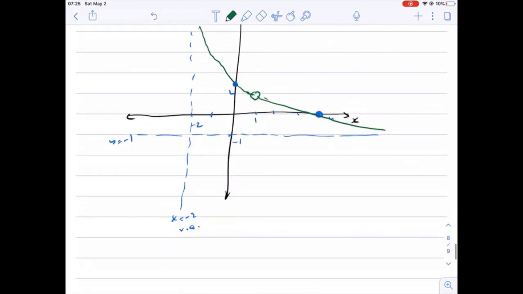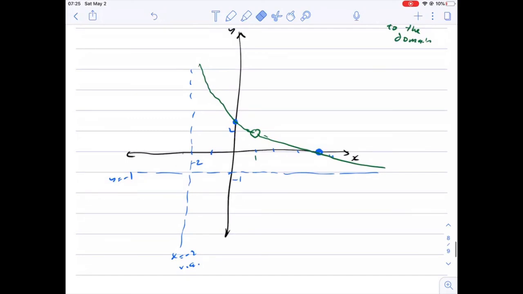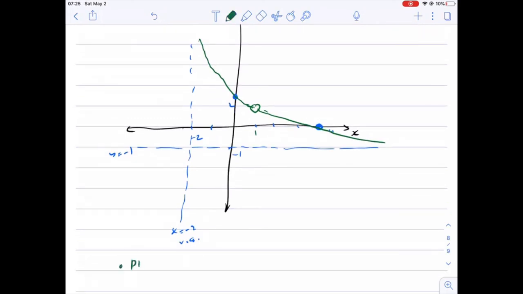Now there's another part of the graph here. We guarantee that the graph cannot be here, the other part of the graph, because we already graphed the upper part for the values of x.